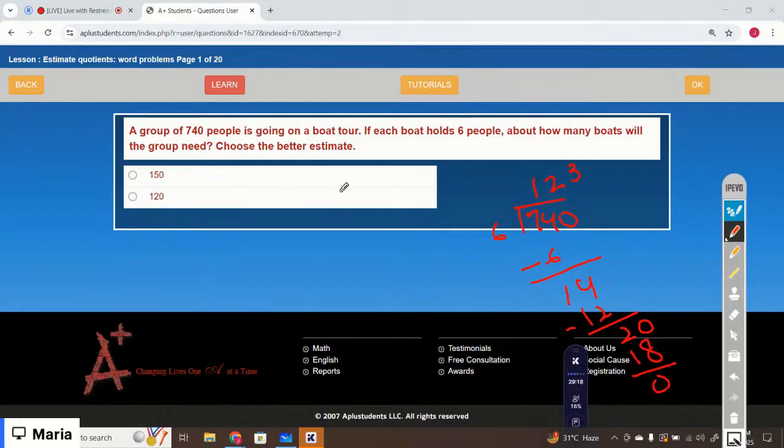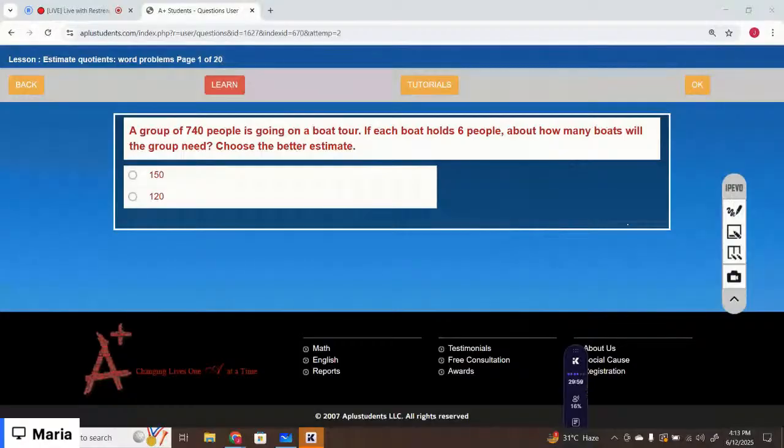So you need to estimate the answer. It would be estimated as 120. The correct option is 120. Option number 2 is the correct option.